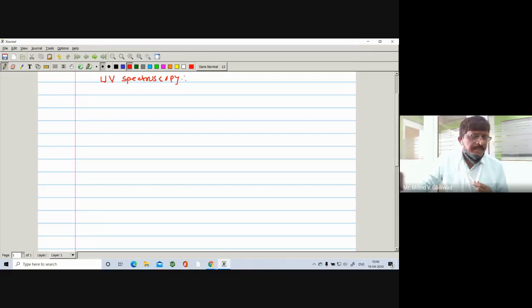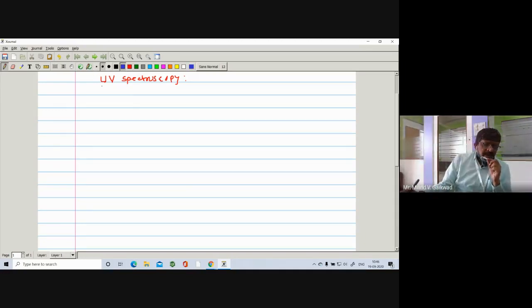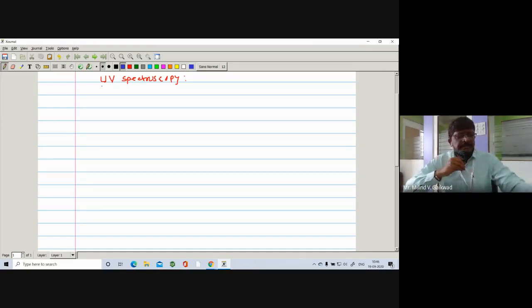Now again, let us see some more concepts. Here we have seen the concept of chromophore, auxochrome, bathochromic shift, hypsochromic shift, hyperchromic shift, and hypochromic shift. So we have seen all this basic concept.